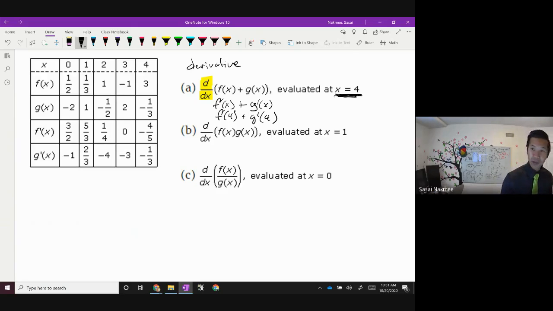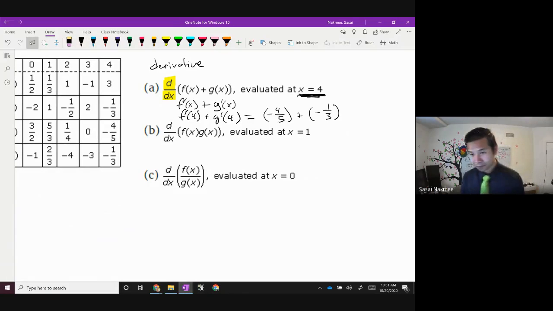And all I'm simply going to do is look at the table for this, right? f prime evaluated at 4 is this fraction, negative 4/5, plus g prime evaluated at 4, which is negative 1/3. If you got that far, that's awesome. After that, it's just fraction work, right? Get a common denominator and add them together. The common denominator here would be 15, I believe.